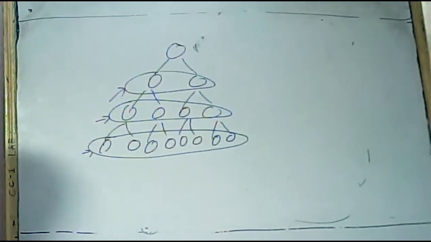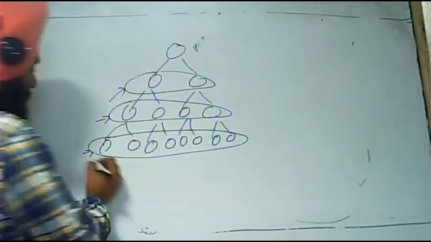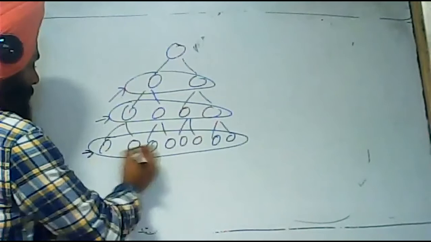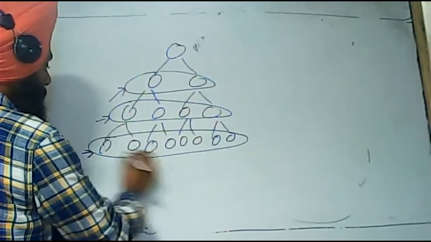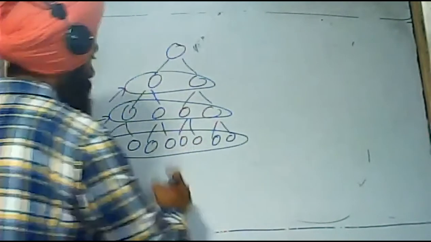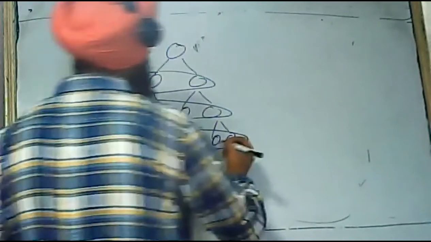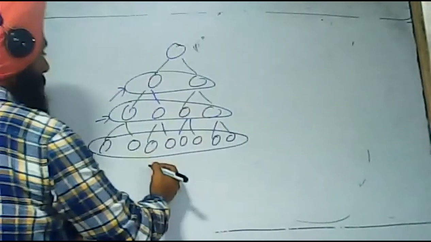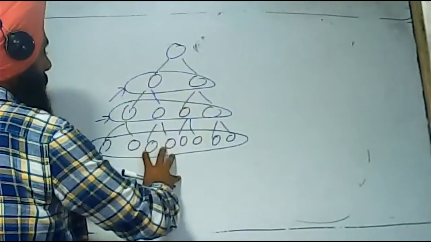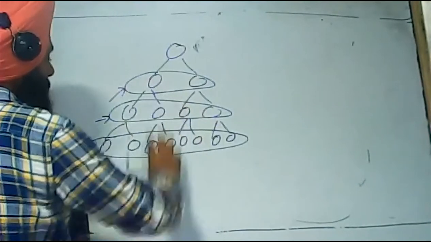So how do we calculate that? We can calculate it with the help of the nodes at a particular level. Let's say at this level, how many nodes are there? There are 8 nodes. How can we calculate that? There is a formula for that. Understand this again: the work done at this level will be more, and at this level it will be less than this.